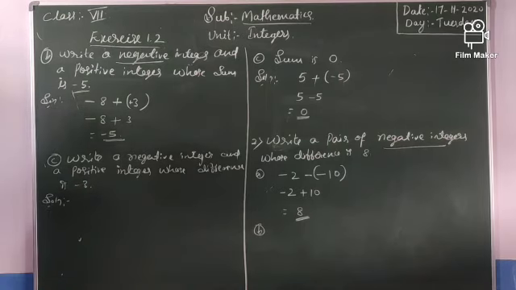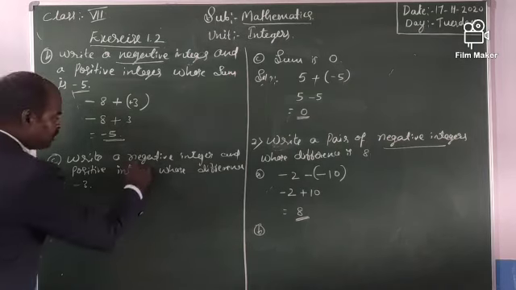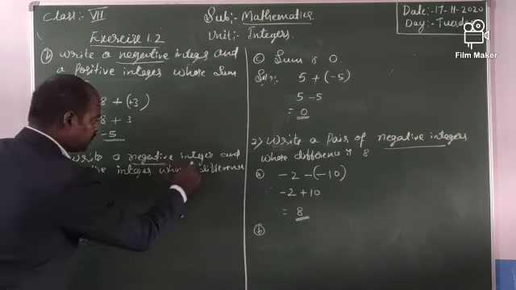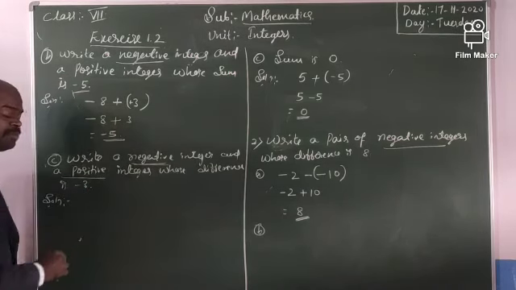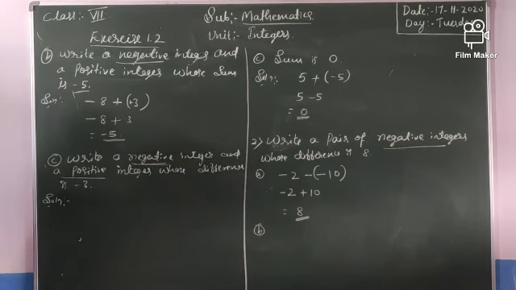Okay, see here, we have to write a negative integer and a positive integer, that means we have to write both a negative and a positive integer, whose difference is -3.